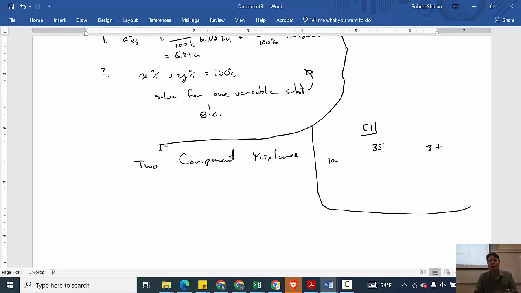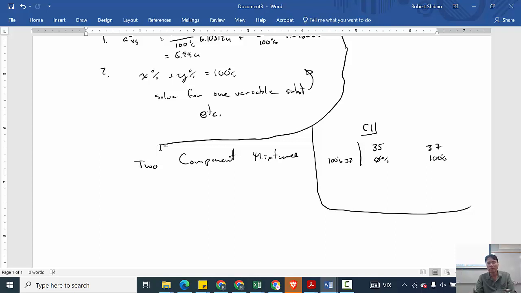Let's say I'm going to go with 100% 37. That means if I have 100% 37, what is my percent 35? And what is my percent 37? And how much does it weigh? How much do the atoms weigh? About 37. The average. In other words, what would the average be? Closer to 35 or closer to 37? It'd be closer to 37. In fact, if it's 100% 37, it would be 37.